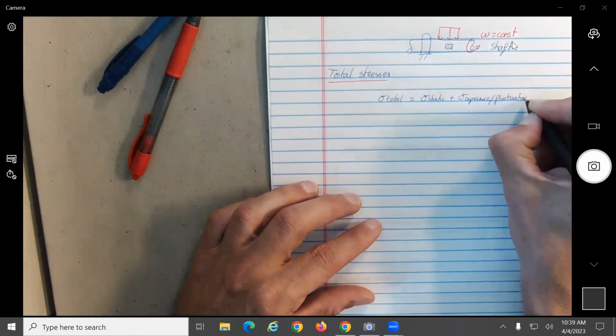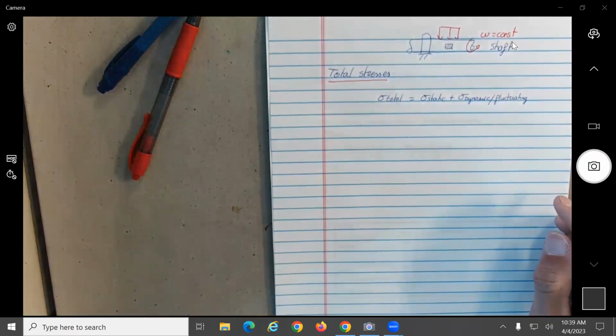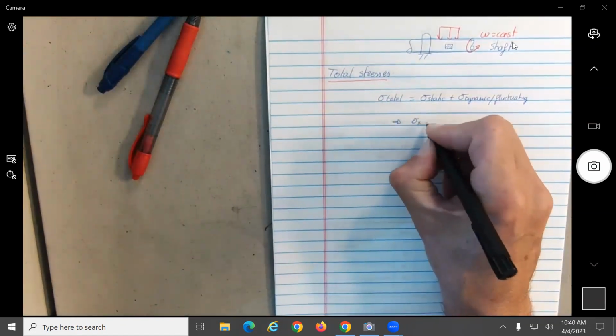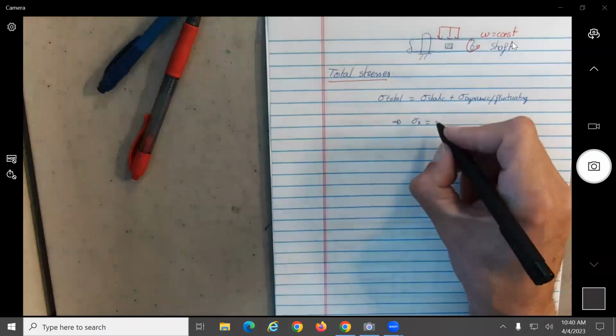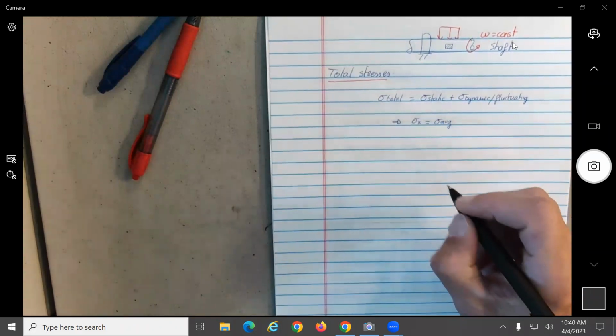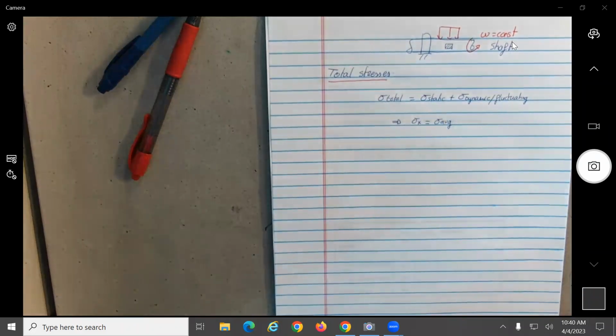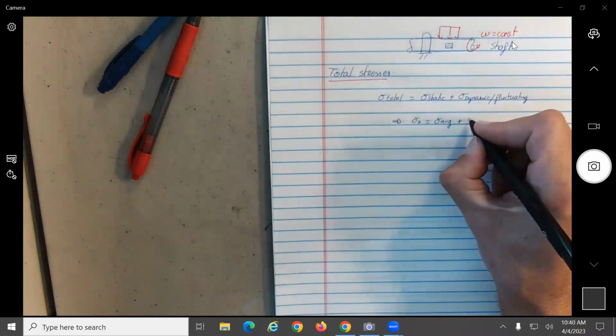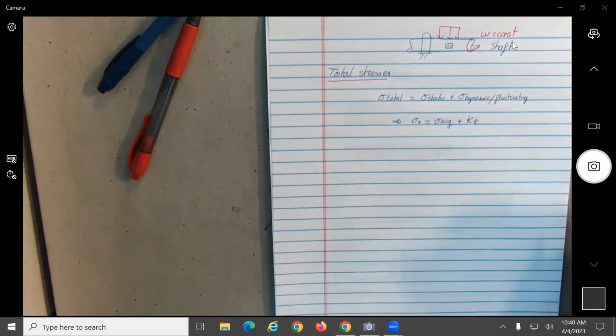So you can rewrite this: the total direct stress will be equal to the average of the static stress, the mid-range, which should be considered like the static one in some cases, plus K sub T due to the dynamic.